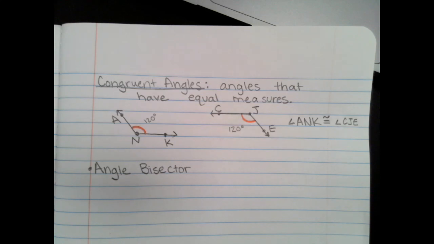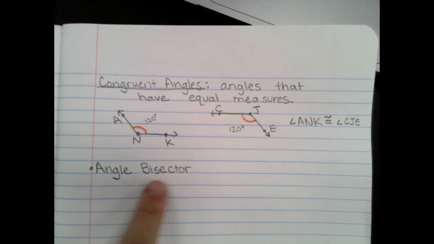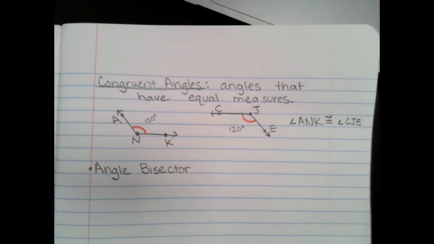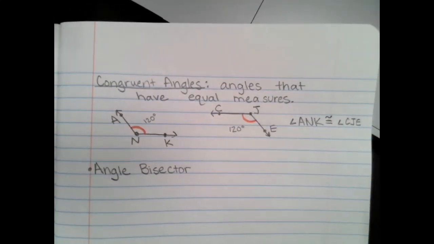Again, that was on 1-3. We talked about segment bisectors. What did that word bisector mean again? Two, yep. And the two parts are equal. It just means we're cutting something right in half.